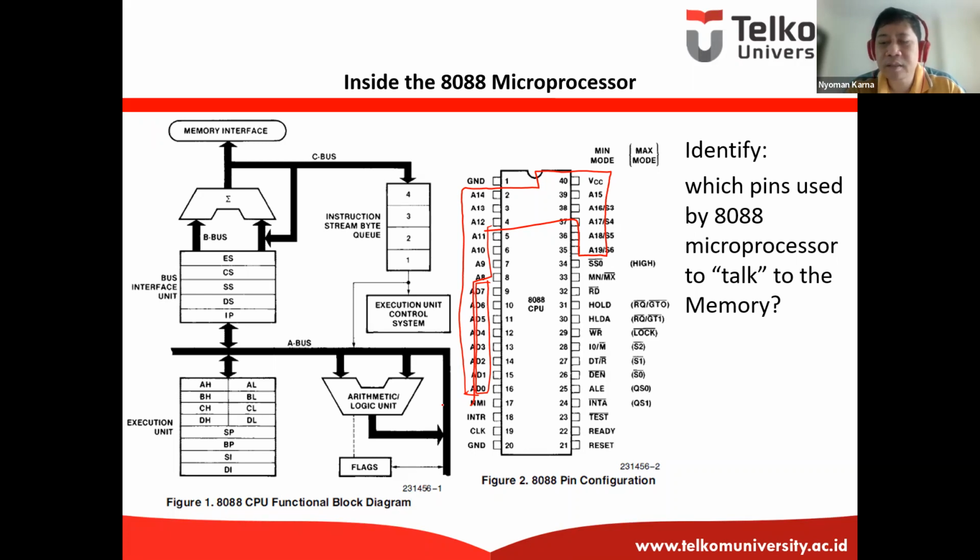The control bus includes read, write, and several other pins, but we're not going to use those in this course. So we have the address bus, the data bus, and also the control bus. And in this case, we only need read and write.